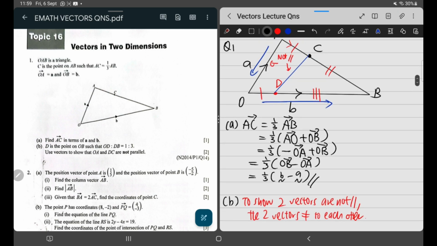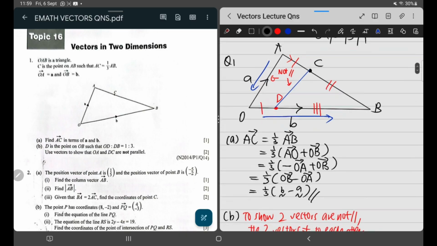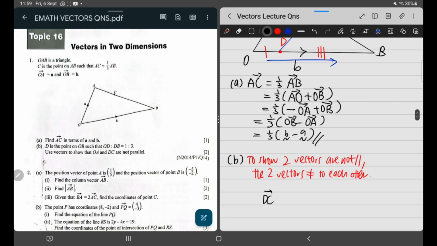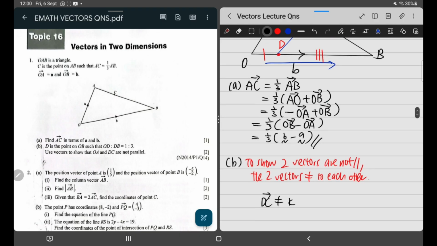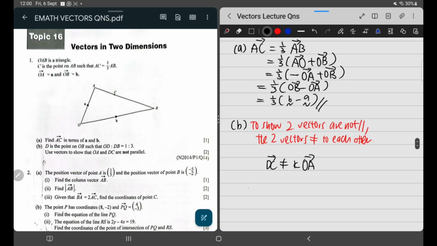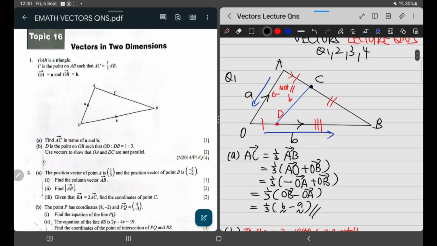Okay, so now our job is to show that DC is not parallel to OA. That means DC cannot equal to K of OA, right? Because they must not be parallel to each other. So our first job is to figure out what is DC. And given that OD to DB is 1:3, we can conclude that here is 1 unit, here is 3 units.